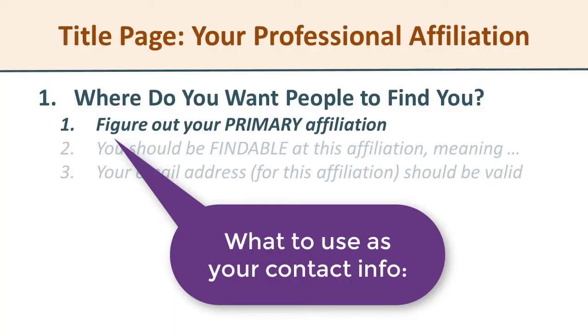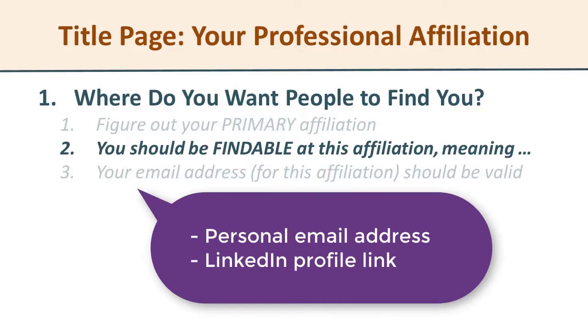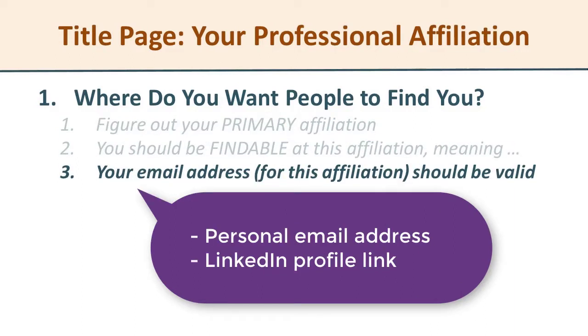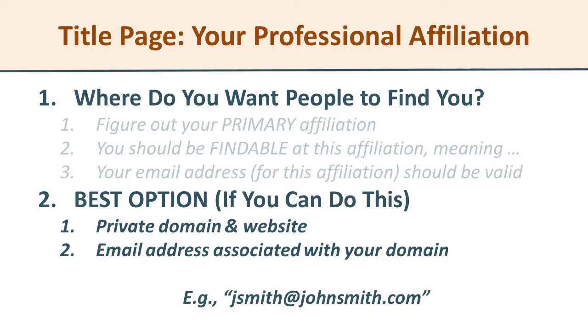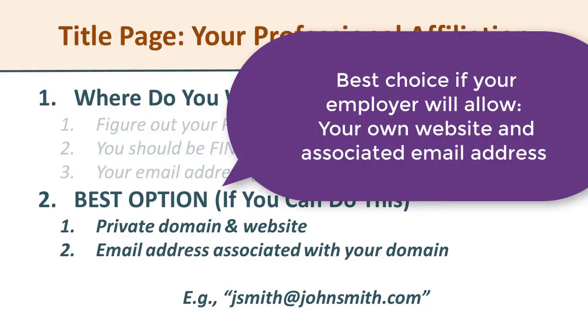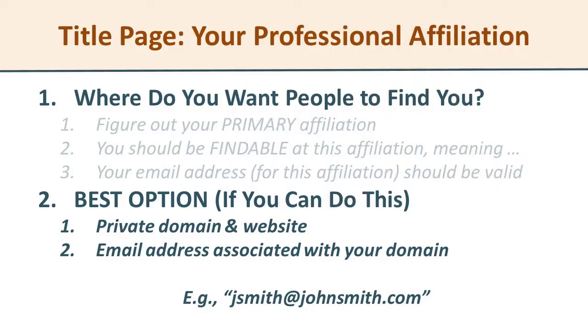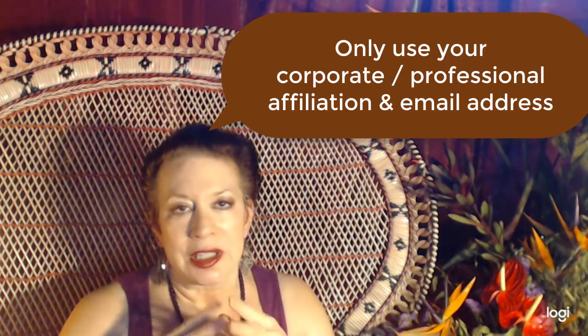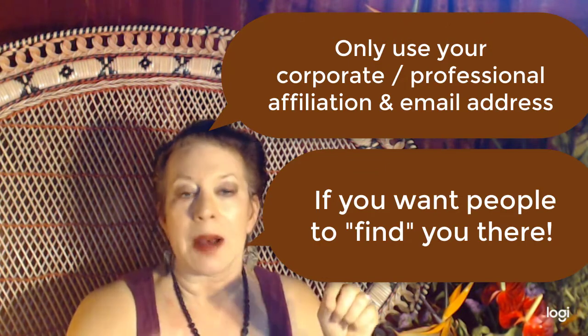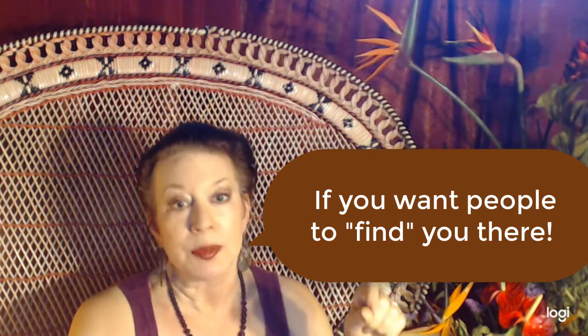So personal email address, your LinkedIn profile URL so that people can find you via that and message you via LinkedIn, or create your own private domain, get your own private domain associated email address and use that. Of course, you've got to remember to check that every now and then. Figure out what you want. The important thing is that you're setting yourself up to be found by the people whom you want to find you, and you're trying to make it easy for them to find you well after your Northwestern experience is done.